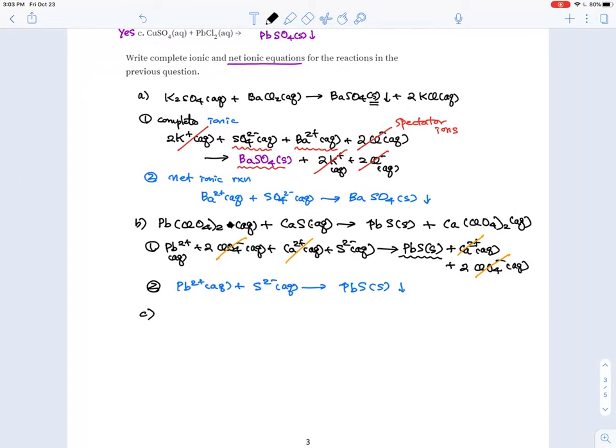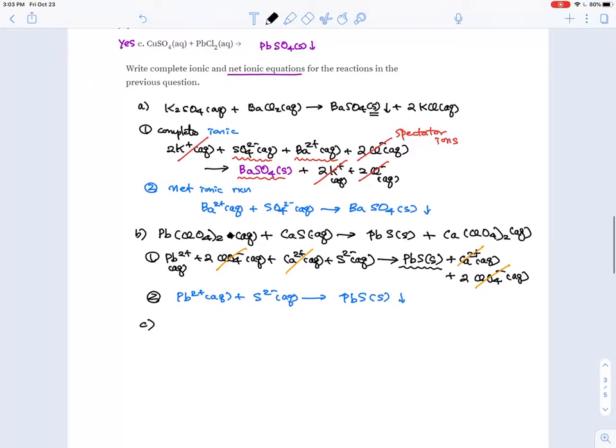Okay, so what about my third one? That means copper sulfate aqueous with lead dichloride, which is aqueous.